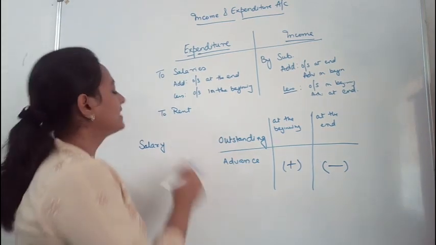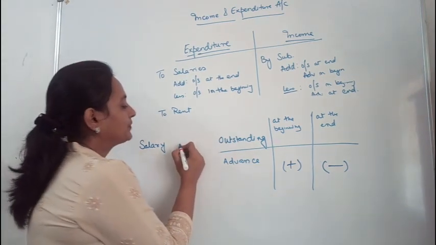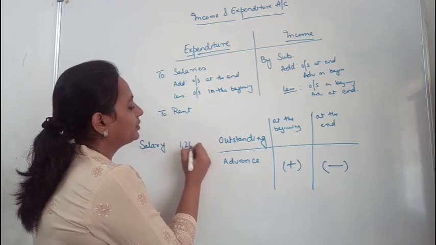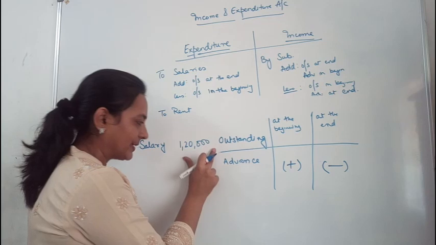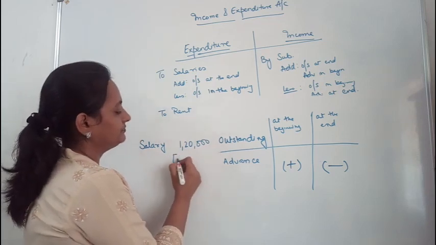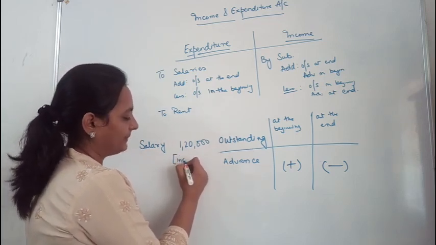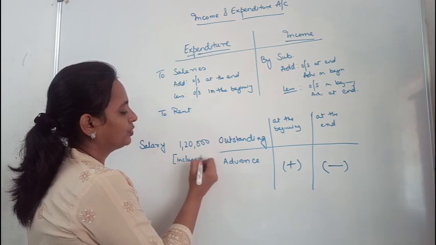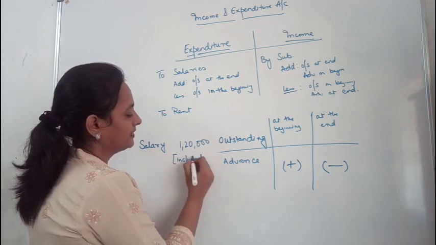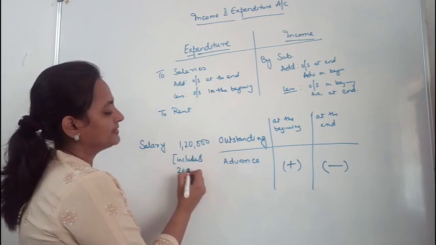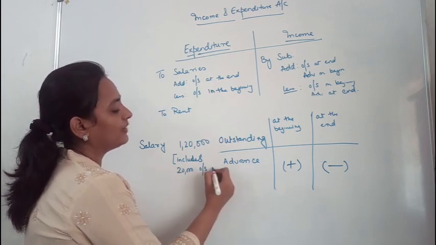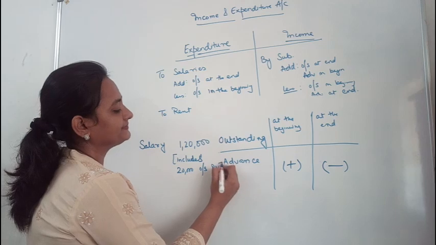We'll change the figures. Now, for example, your salary is 1,20,000. This salary of 1,20,000 which you have paid includes 20,000 outstanding of previous year.